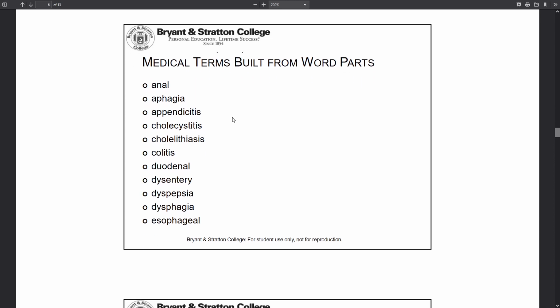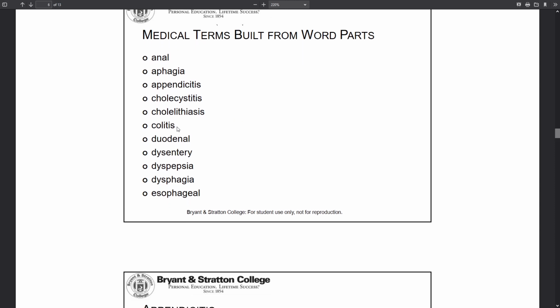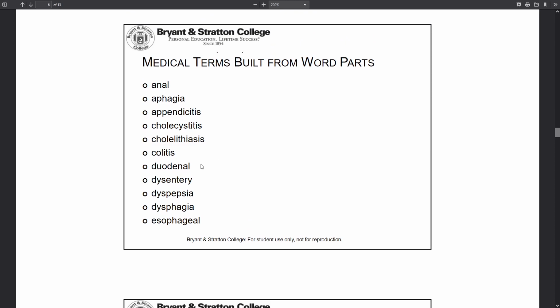Cholecystitis is inflammation in regard to the gallbladder. Cholelithiasis, gallstones. Colitis, colon. Duodenal is pertaining to the duodenum.